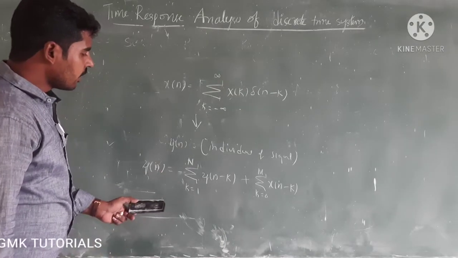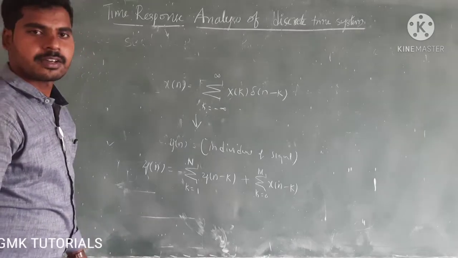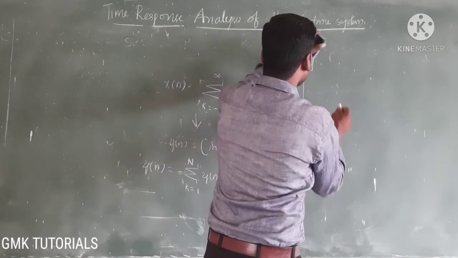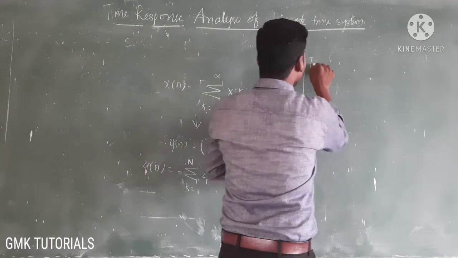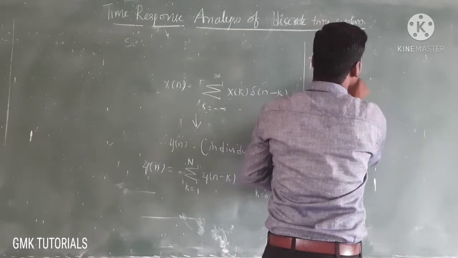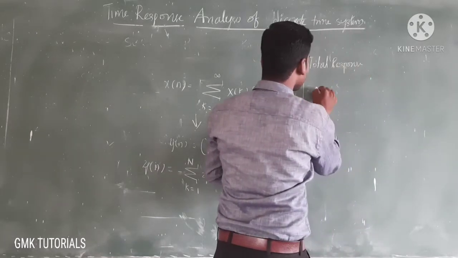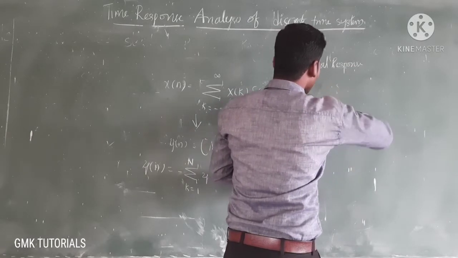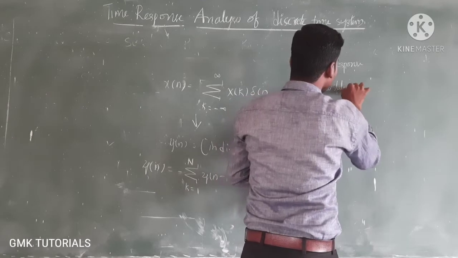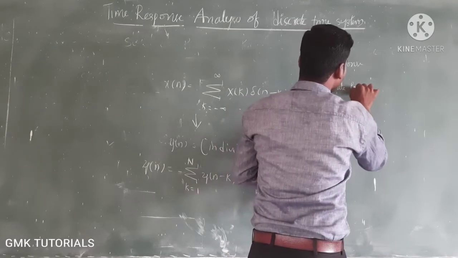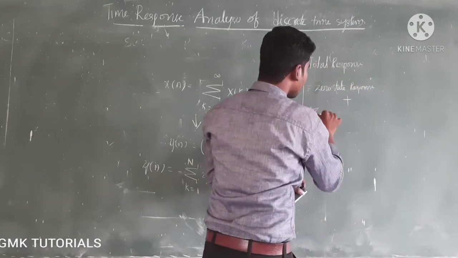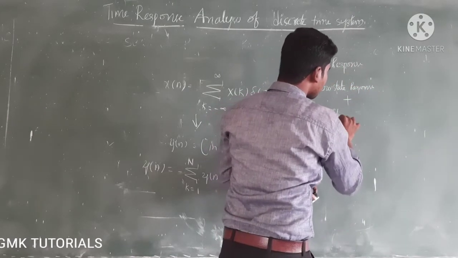Now in the case of the discrete time system, we have two types of responses. That is, y of n, the total response, is equal to the zero state response plus the zero input response.